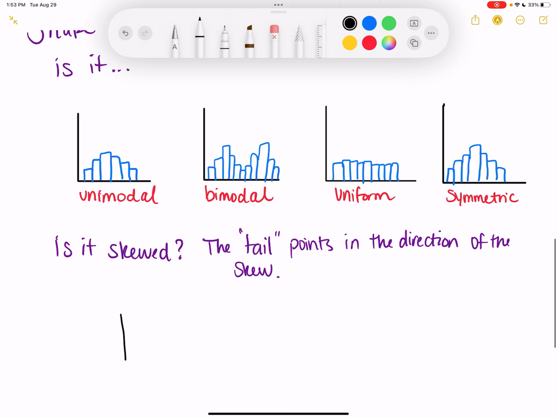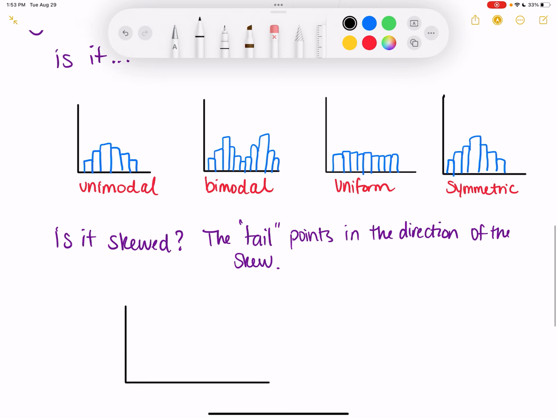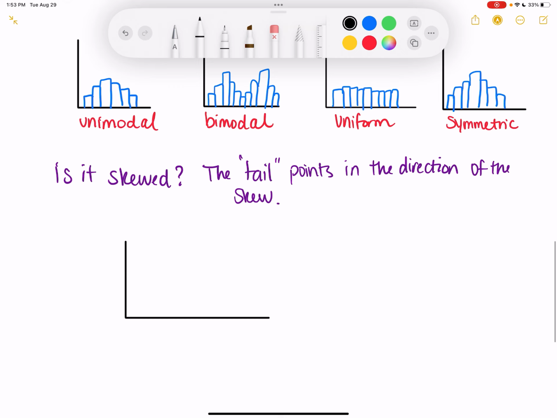So I'm going to have two graphs. They're going to be a little larger this time, but still the same thing.